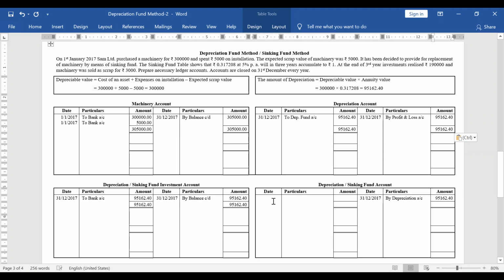Sinking fund account shows a credit balance of rupees 95,162.40.